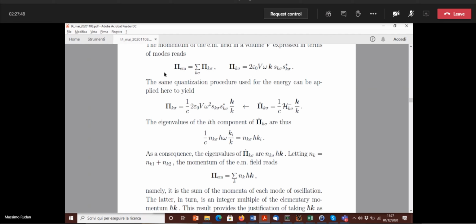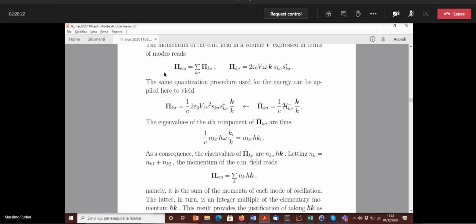You see that you have again 2 epsilon 0 V times omega times the product of S times S conjugate, and then you have a K. K is, of course, the wave vector of the individual component. So that K adjusts the units, and it's a vector because momentum is a vector.